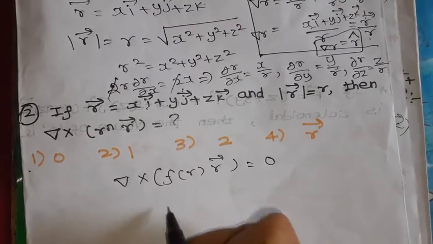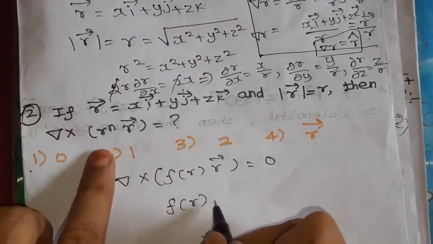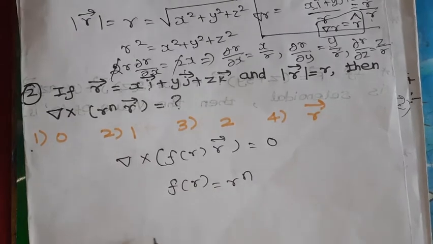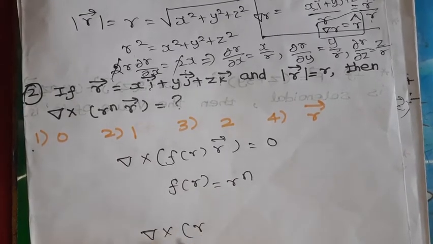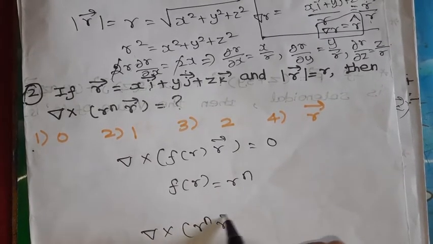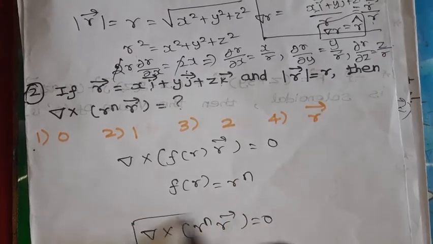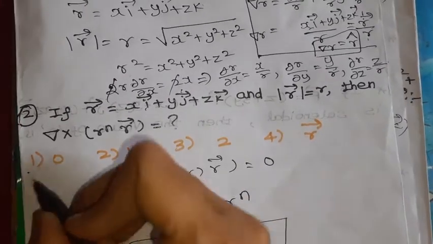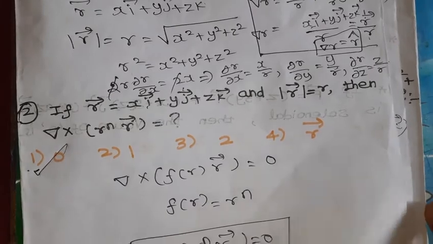What is f of r? In place of f of r, here we have r power n. So obviously del cross r power n into vector r is equal to 0 only. This is a proven formula. So option 1, 0, is the right option.